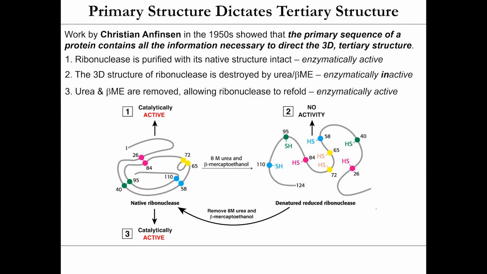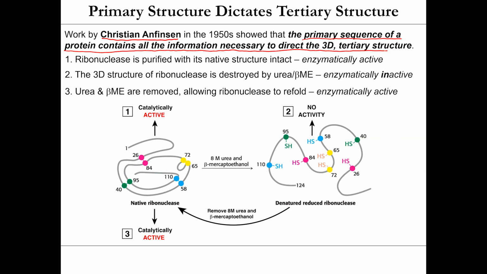And so experiments in the 50s by this scientist Christian Anfinsen were actually very important in showing how the primary sequence of a protein and its overall tertiary or quaternary folding relate. The protein requires that folding for it to have activity, and the primary sequence of a protein also contains all the necessary information to direct how that protein is going to fold in 3 dimensions.